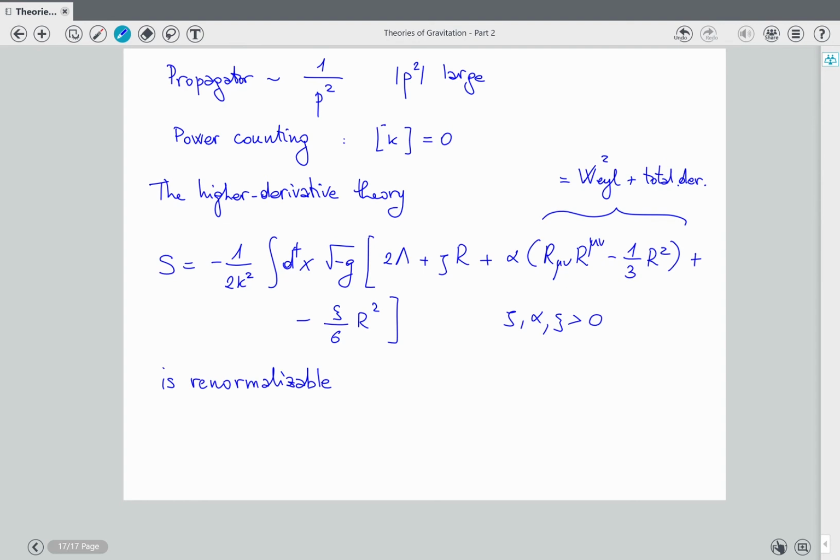Why? Because now the propagator, here there are two derivatives in R, but here there are four derivatives in Ricci squared. So the propagator behaves much more nicely for p squared large. And that's enough to make Newton's constant dimensionless.